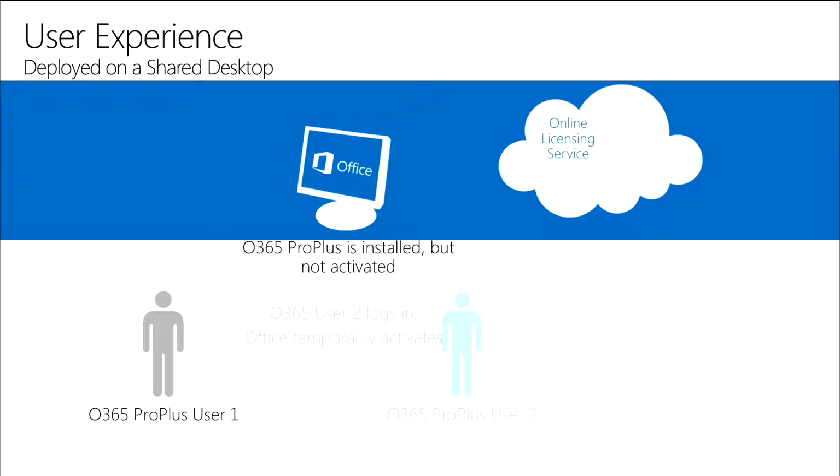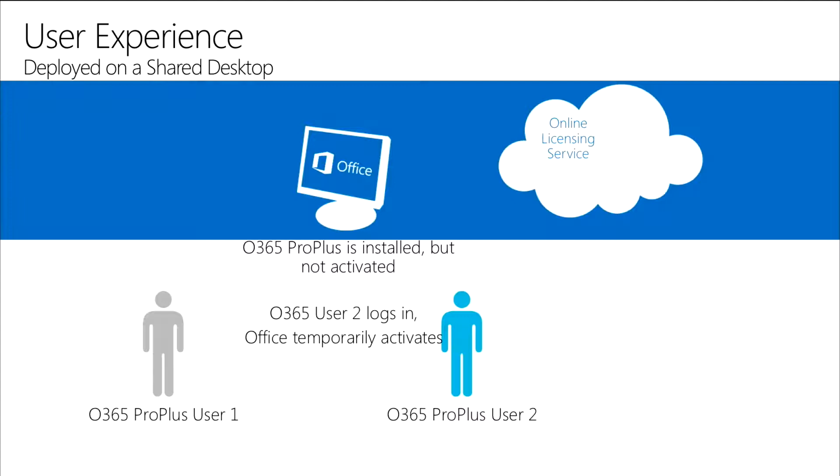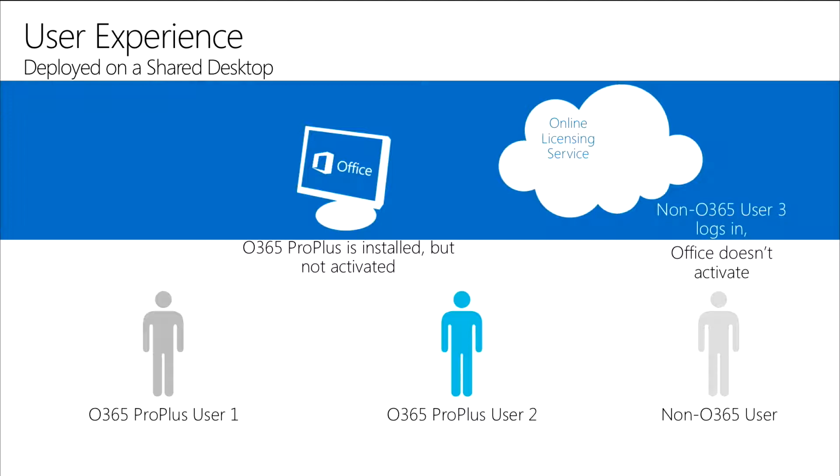Karen comes along, and Karen is also an approved user. She's authenticated, she's licensed. Again, she can use her documents. But when she logs off, Tom comes along, and Tom doesn't have an account, so he doesn't have a subscription with Office 365.